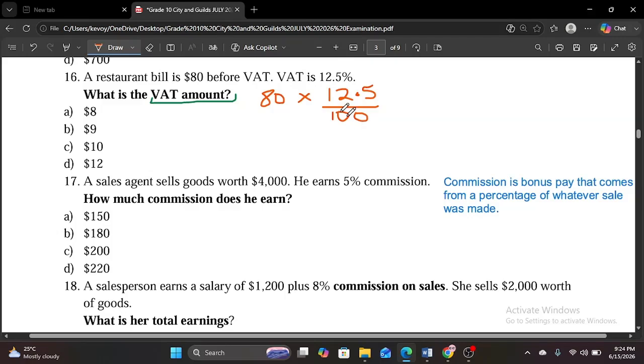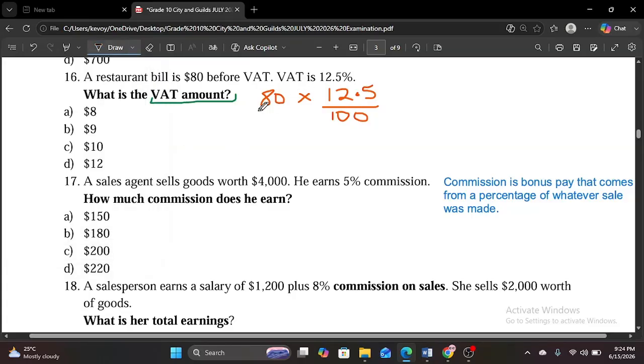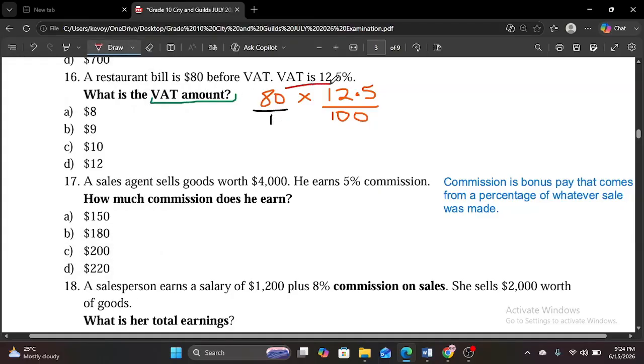That's 12.5 over 100. So we have 80 right here. So the same thing applies. If we're multiplying a fraction by a whole number, we change the whole number by writing it as a fraction, putting it over 1. All right, so now we can multiply our 80 times 12.5, and we're going to have 1 times 100.